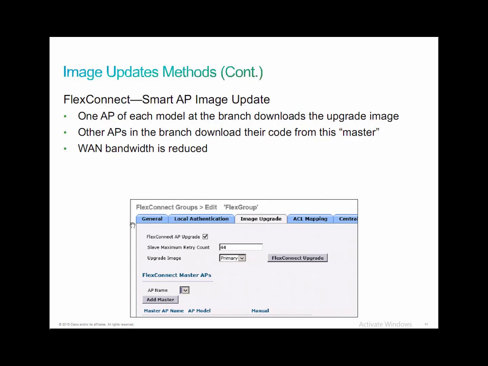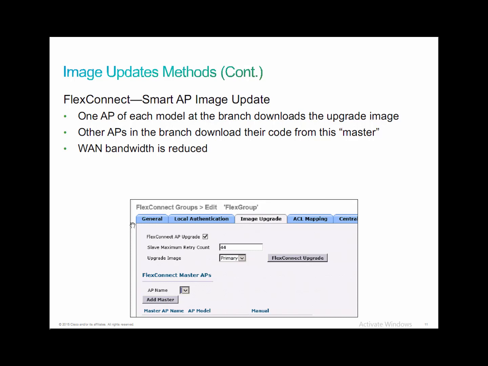That access point becomes the master for the remaining access points of that same model. The remaining access points then download the upgrade image from the master access point using the pre-image download feature, but it's done over the local branch network. It doesn't require the use of the WAN link.